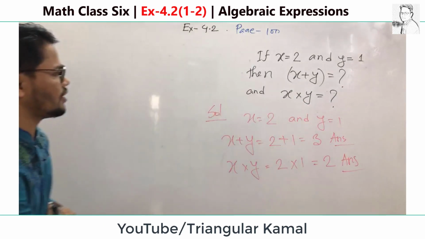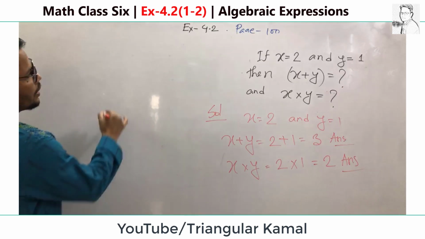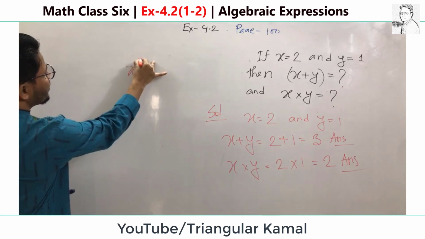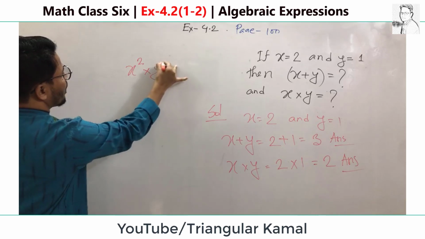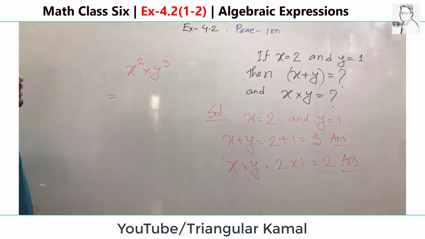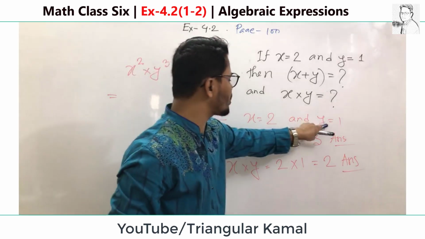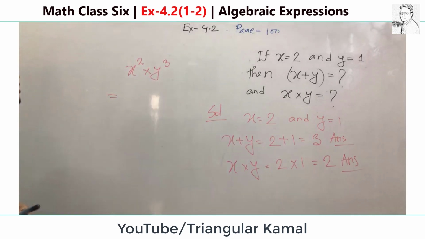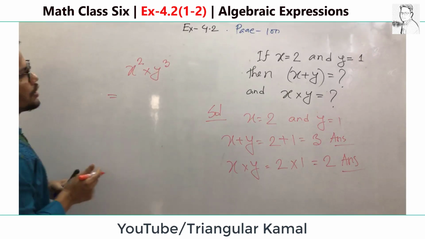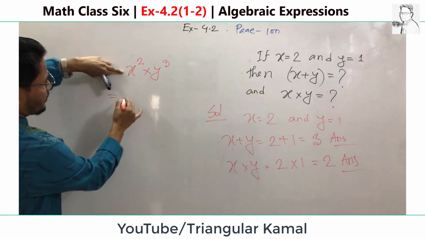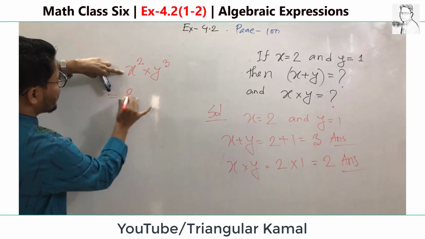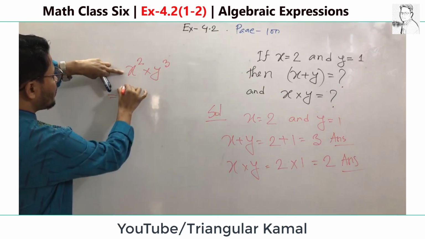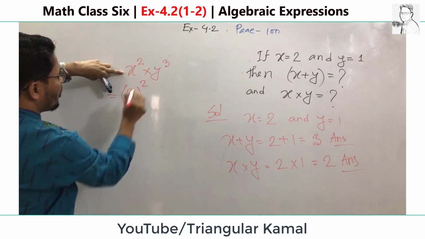Absolutely right answer. Okay. What will be the answer of x square multiplied with the y cube? What will be answer here? If x equal to 2, y equals to 1, what will be answer this one? X square y cube. X equal to 2, and this is the 2 square.